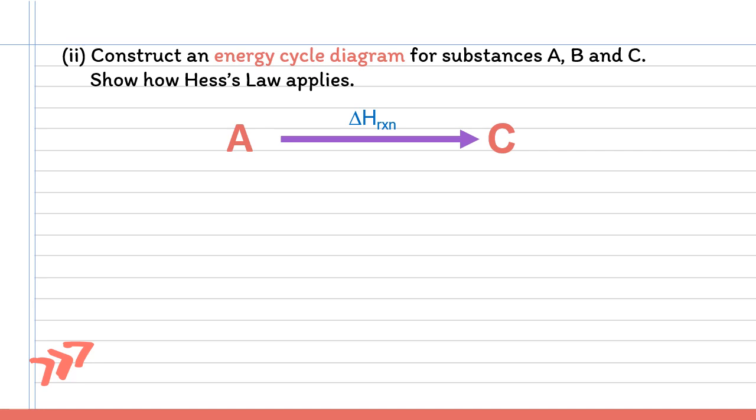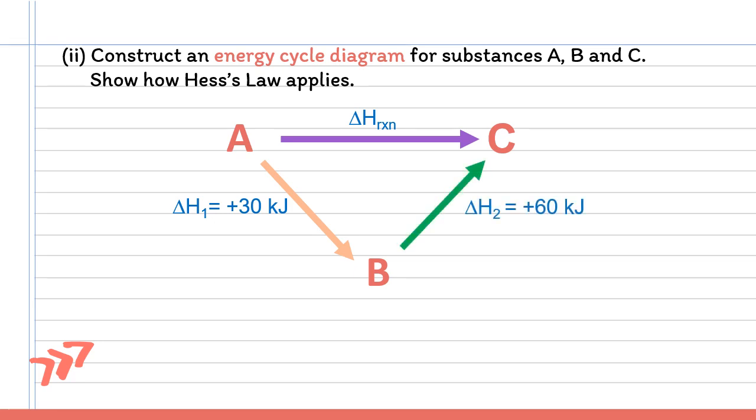And then in order for A to form C, there's another route that we can take via B. So we're going to have A to form B with delta H1 of positive 30 kilojoules and then B to form C with delta H2 of positive 60 kilojoules. So how are we going to calculate the enthalpy of reaction? We're going to apply the anti-clockwise and clockwise manners.